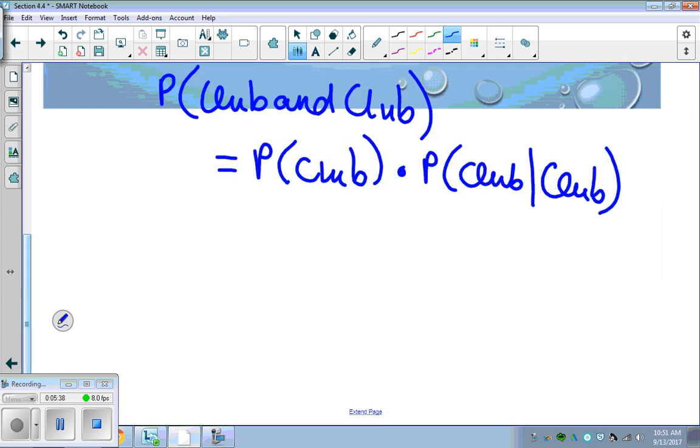So the very first event we already said was going to be 13 clubs out of a total of 52 cards. So that's my probability of the first event.